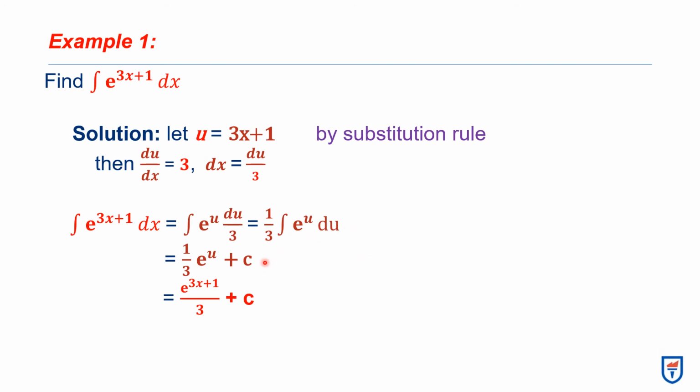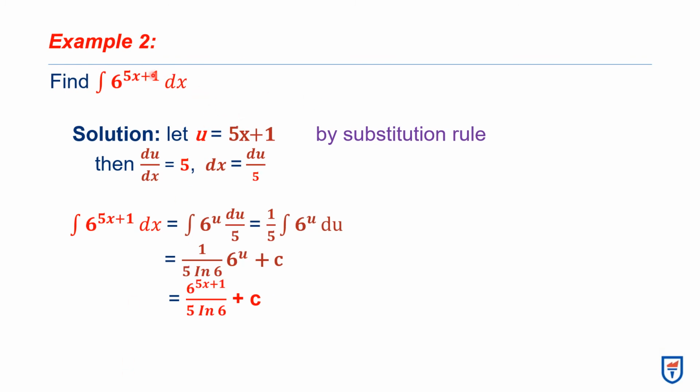And from our rules of exponent, we know that the integration of exponent u is equal to exponent u. So our result is going to be our 1/3 times exponent u plus c. Then we return the actual value of u, which is 3x plus 1. Then our final result is exponent 3x plus 1 divided by 3 plus c as the integral of exponent 3x plus 1 dx.